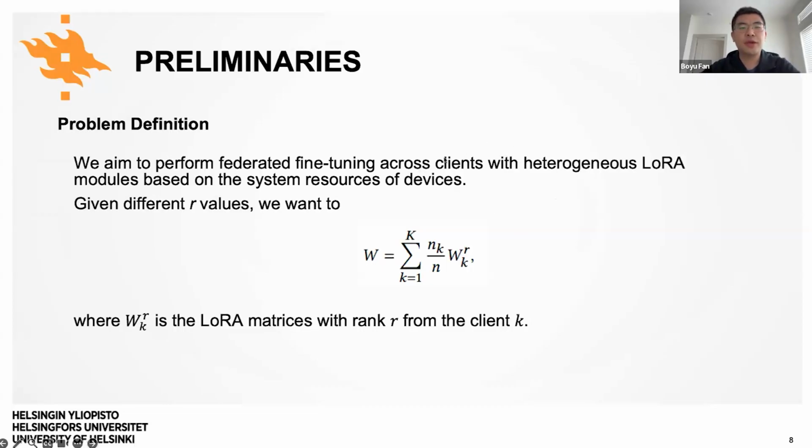So we will have heterogeneous LoRA models, and we want the global model to update like this. N_k is the amount of data of each client, and N is the total. This is very similar to traditional FedAvg, but we can see W_k^r is different. They have different shapes. This is a challenge here because R is different.